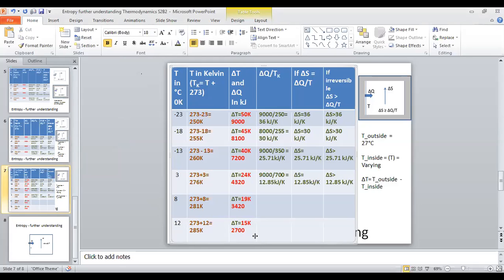So this is very reasonable. Right? Very reasonable, this understanding of entropy.